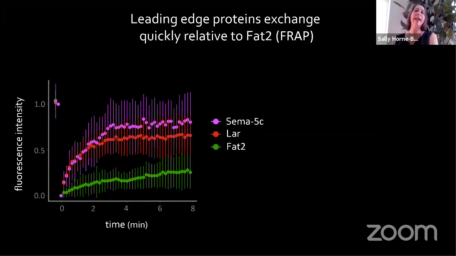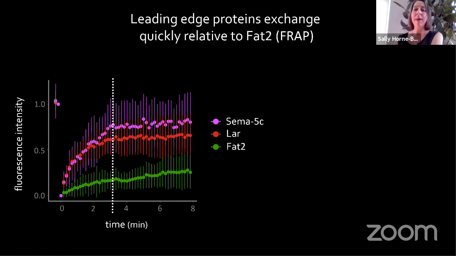And if we look at these data in graphical form, what we can see is that LAR and SEMA5C have very similar recovery dynamics, and they're coming to a stable level of recovery fairly fast, just about 3 minutes after photobleaching. But in this first experiment, by the end of 8 minutes, FAT2 still hasn't even come back to a stable level.